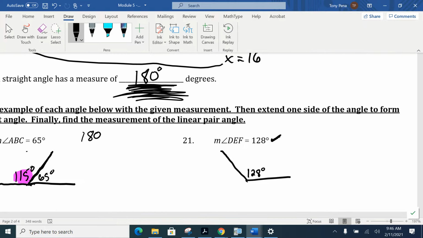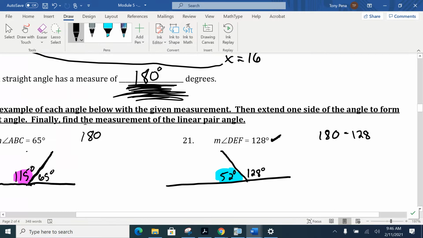If we now straighten this line out to create a linear pair, then the question is just asking you to find then what would this degree measure have to be. Same thing we would have done before. Their total is 180. Subtract away what we currently have, and that's got to be, what, 52? So 52 degrees. Okay, so that's our linear pair idea.